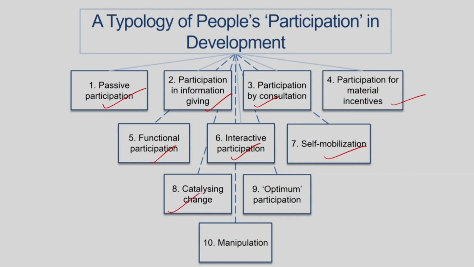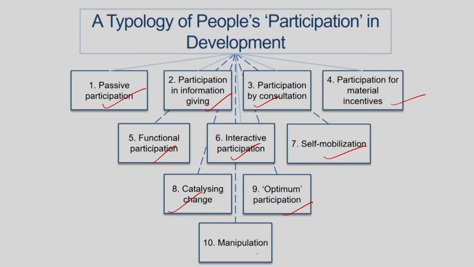Catalyzing change is another typology, where the involvement and stakes of community members influence others in the environment to participate and initiate change. Another typology is optimum participation, which indicates the need to focus closer attention on the different contexts and purposes in order to determine what form of participation makes sense.